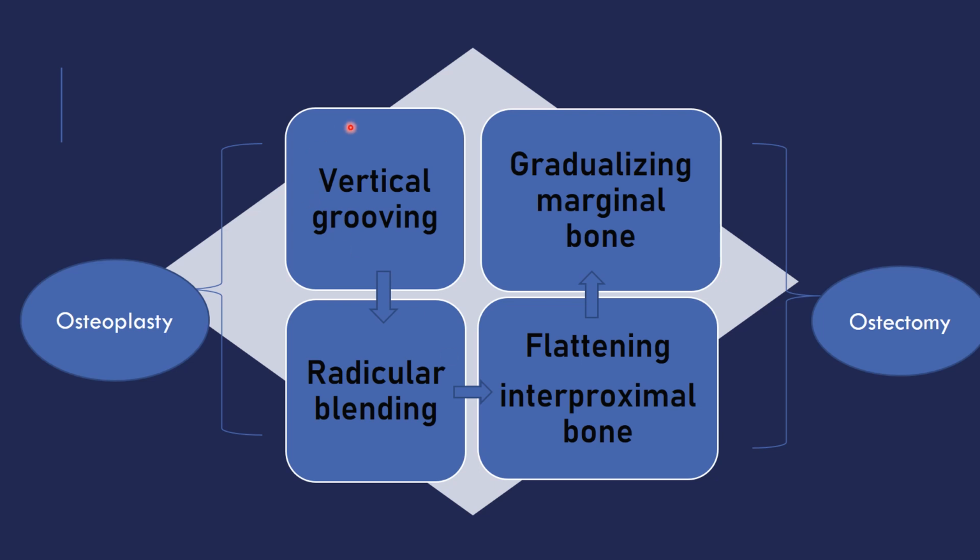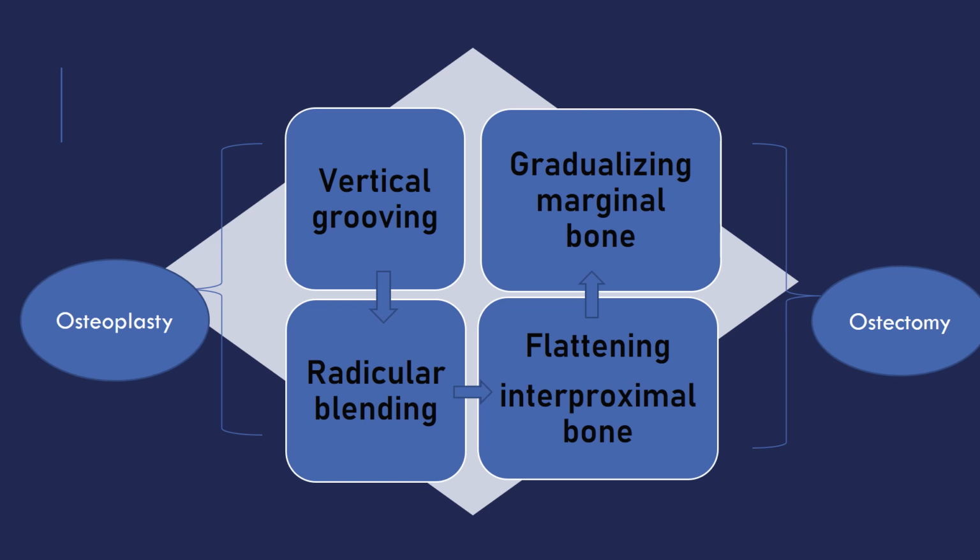The first is vertical grooving, the second is radicular blending, the third is flattening interproximal bone, and the fourth is gradualizing marginal bone. Out of these, vertical grooving and radicular blending are mainly osteoplasty, just shaping without removing the supporting bone, whereas the other two procedures are ostectomy.